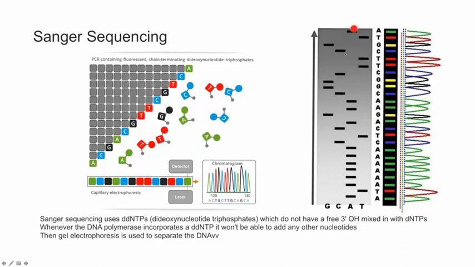And so rather than taking up 4 lanes in a gel, you can now have each one run in turn on a capillary electrophoresis, and you can be much, much more efficient. So you can be running multiple samples at the same time, and you can actually get much longer reads.